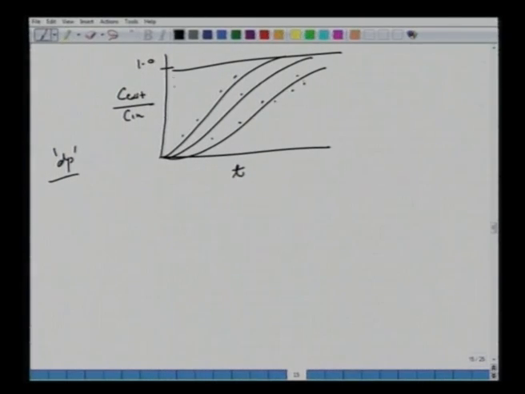Alright. So in today's lecture we had some mathematical treatment for flow in a packed bed of porous as well as non-porous adsorbents.